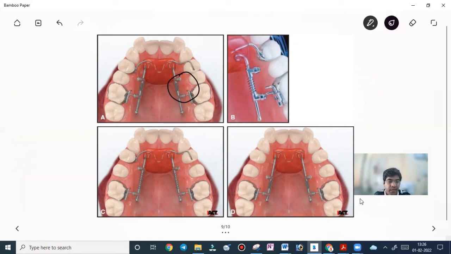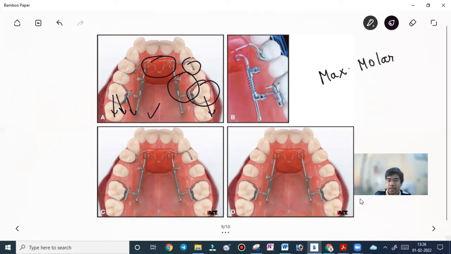Similarly, we can use magnets attached to the Nance appliance cemented on the maxillary first premolar that are activated against the first molar to move it distally. So these are the appliances that we use for maxillary molar distalization.